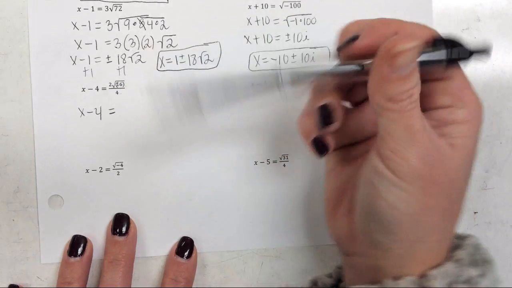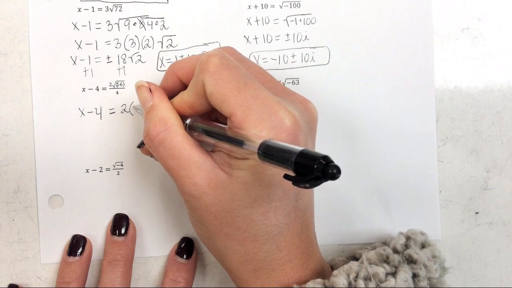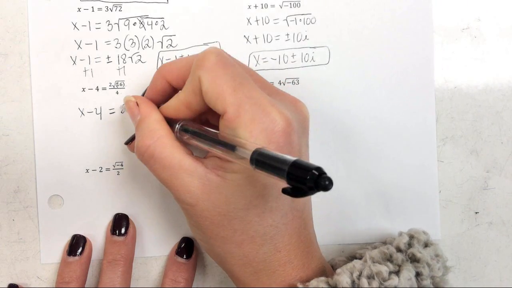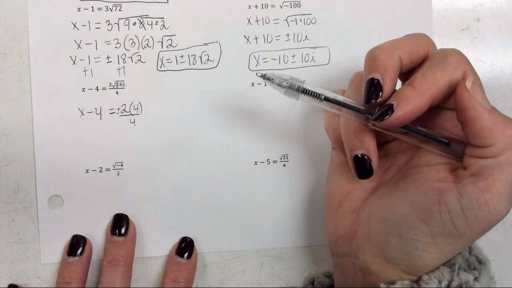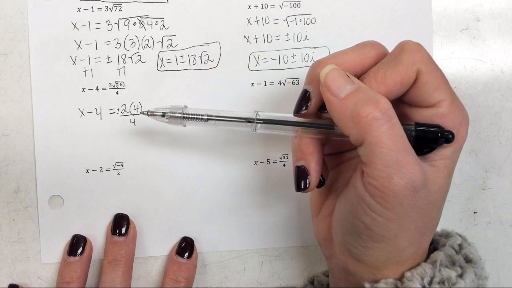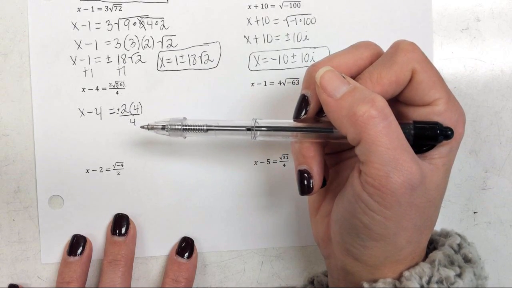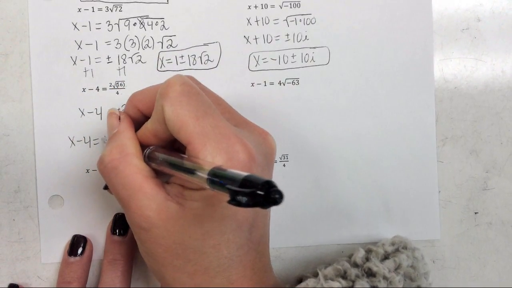And the square root of 16 we know is plus or minus 4. And I'll go ahead and bring out the plus or minus out here, over 4. Okay, so now we can simplify this by doing 2 times 4, that's going to be 8. 8 divided by 4 is going to be 2. So we have x minus 4 equals plus or minus 2.